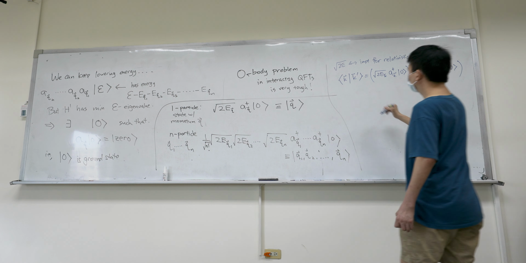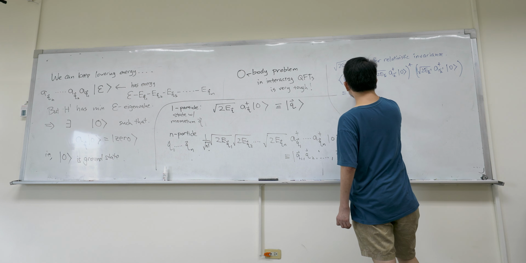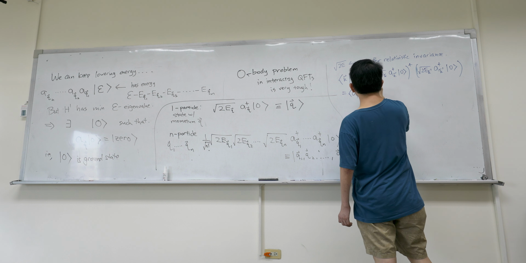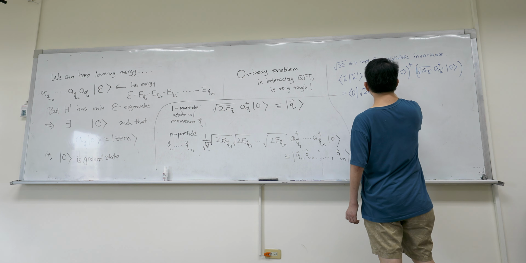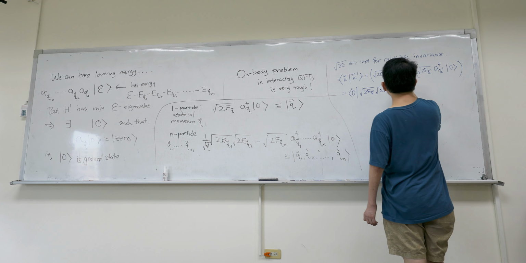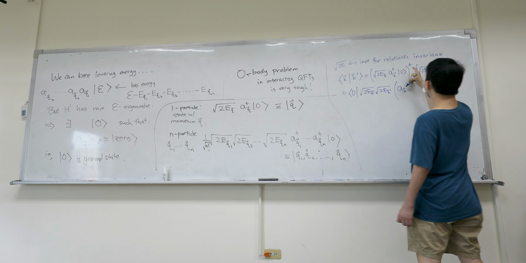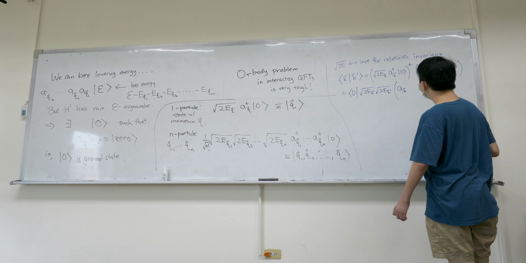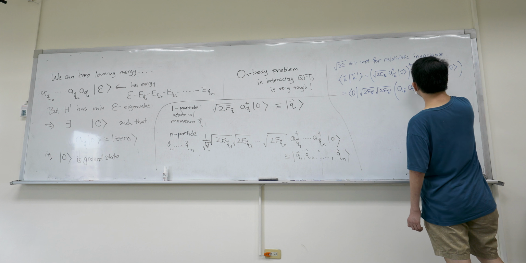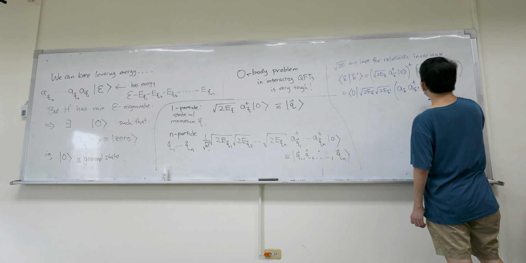And so now, what do you get? You get the ground state, and then square root of 2E_k, square root of 2E_k', and then you have a_k, because you take the dagger of the dagger, and then a_k' dagger, all acting on the ground state.